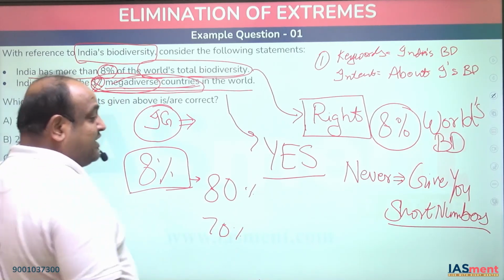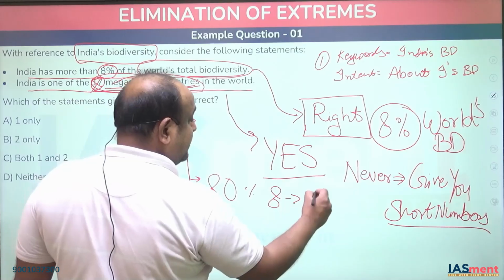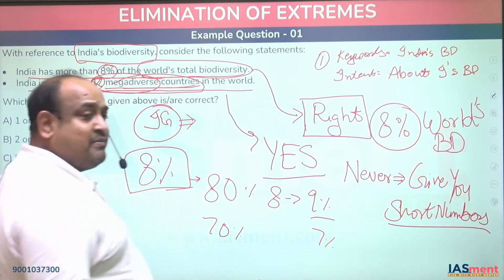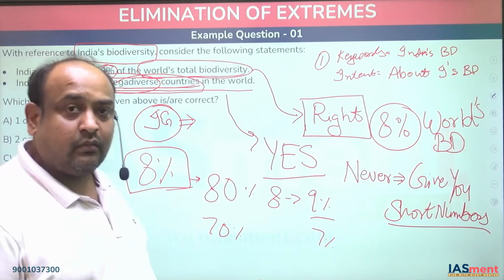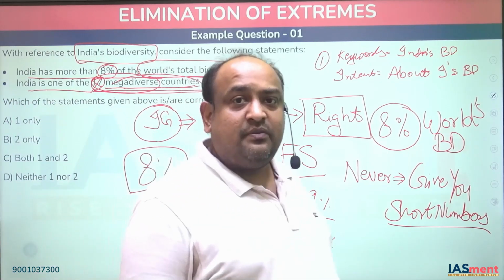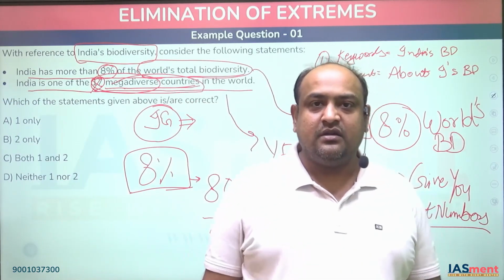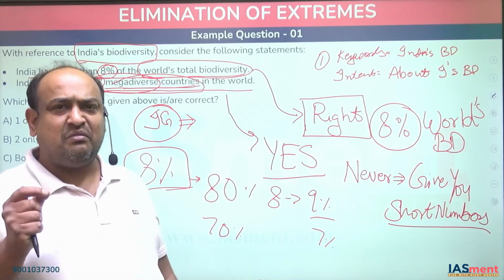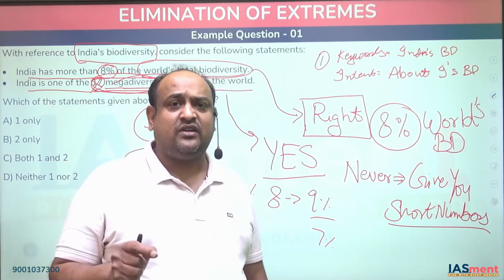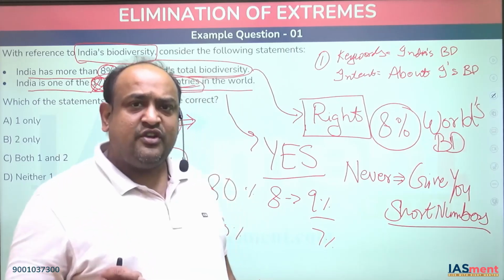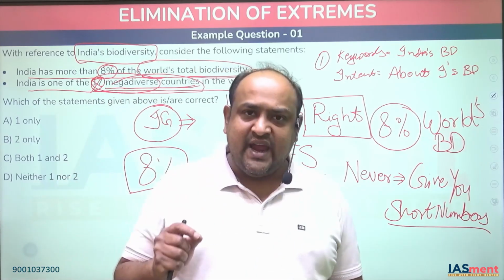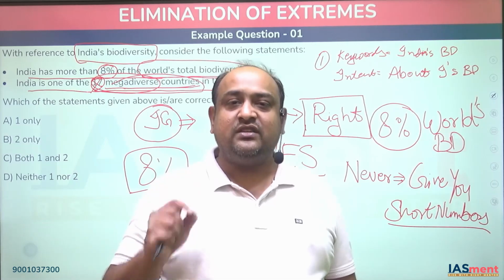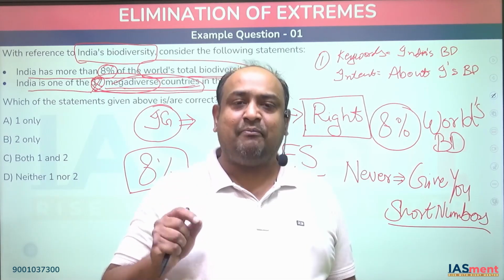But they will never make it 9% or 7%. They will never make it. Because UPSC doesn't want you to know very minute facts. What they want is for you to derive the right answer with your knowledge. Because this exam is also your aptitude test.